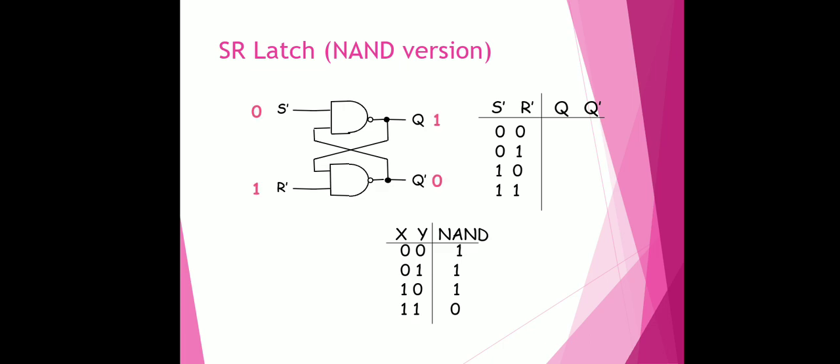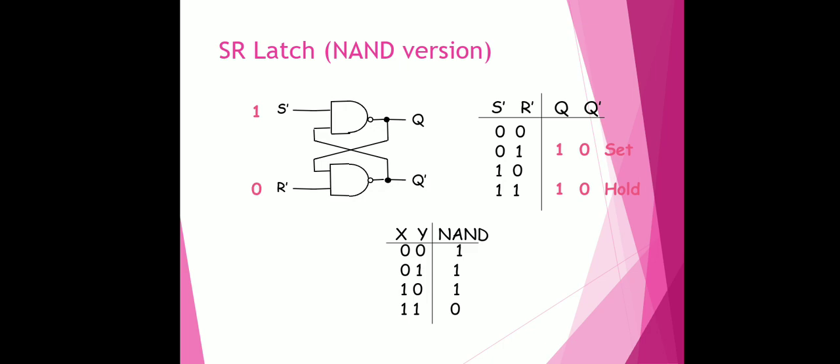Here, when it goes to the complementary output, if the input is 0 and 1, that is 1 0, and if the input is given as 1 and 1, then since the input is the same, Q goes to 1 and Q dash goes to 0, that is the hold state.